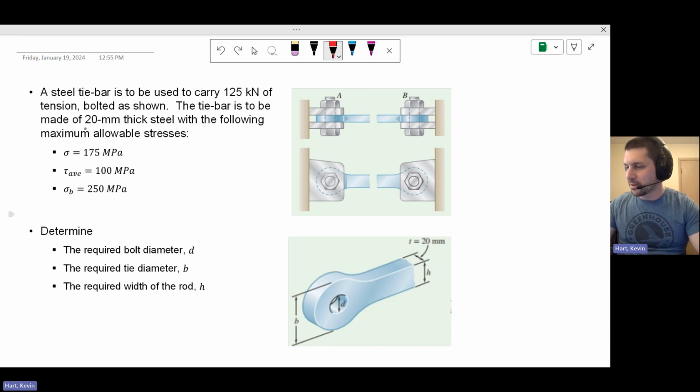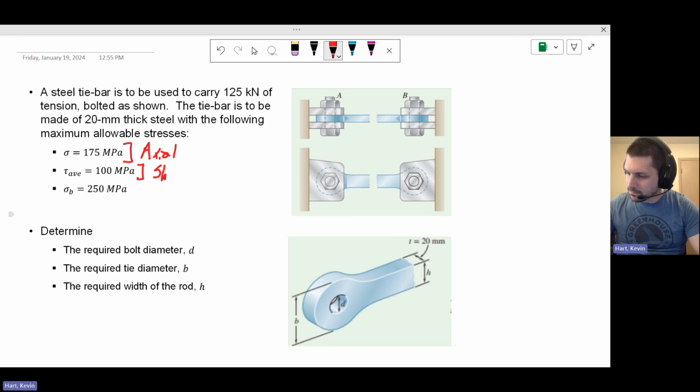It's to be made of 20 millimeter thick steel, which is nice to know. We see in the diagram of the tie rod that the thickness is given to us as 20 millimeters, with the following maximum allowable stresses. Here we have a maximum allowable axial stress of 175 MPa. Here we have a maximum allowable shear stress.